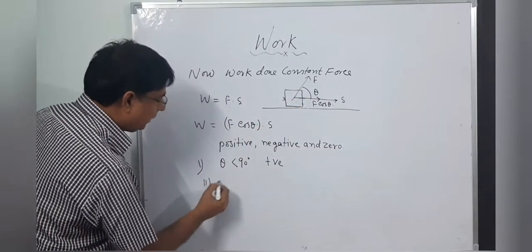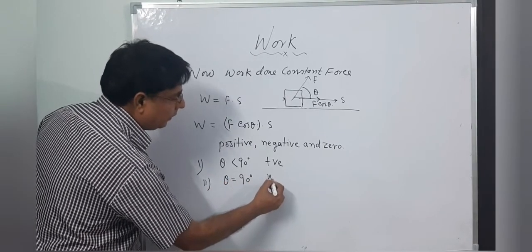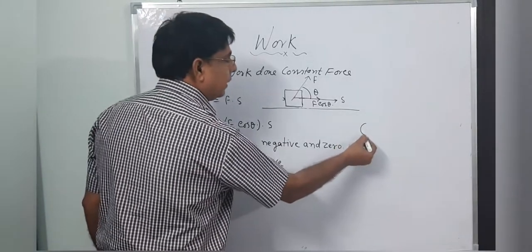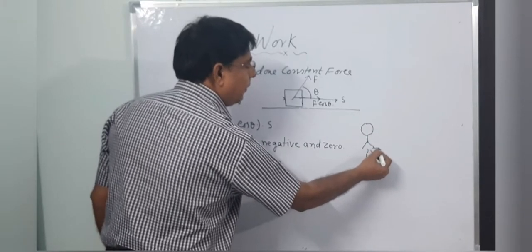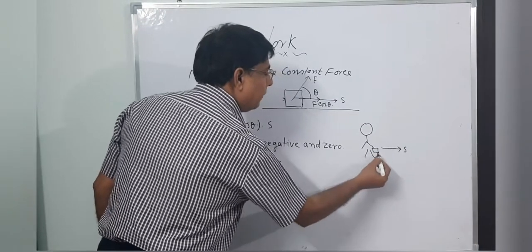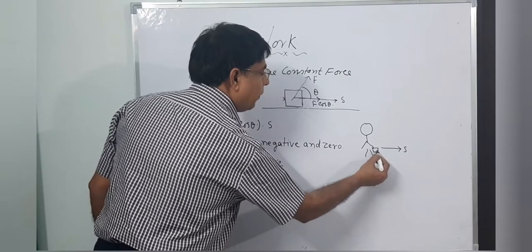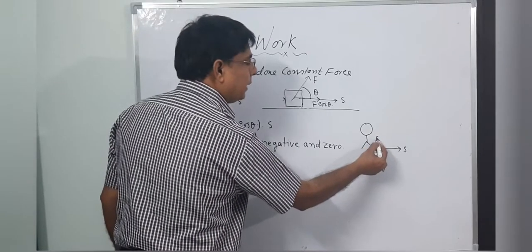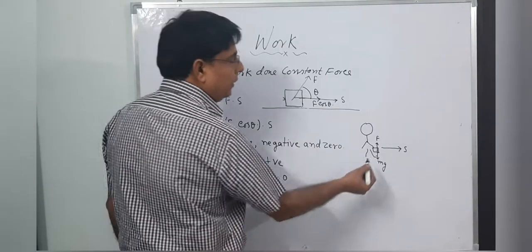Second case, when theta is equal to 90 degree, then the work done will be equal to 0. For example, if a person is carrying a bag in his hand and moving in the forward direction, then weight mg will act downward, and to hold the bag the person will apply a force in the direction opposite to the weight of the bag.